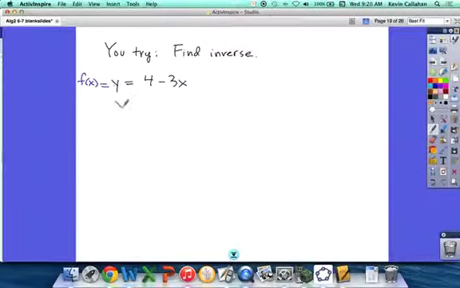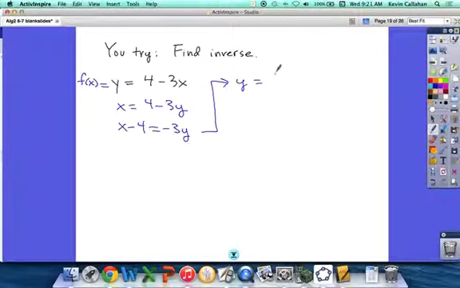We switch the x and the y, which again is switching domains and ranges. And then you solve for y. Subtract 4. Divide by negative 3. So this is y equals x minus 4 over negative 3.